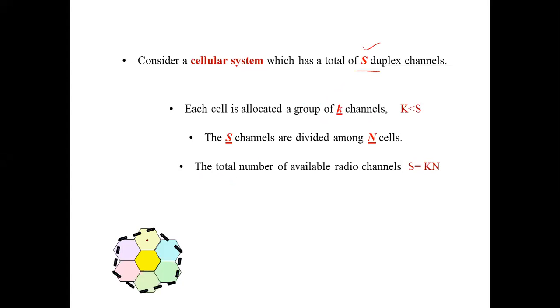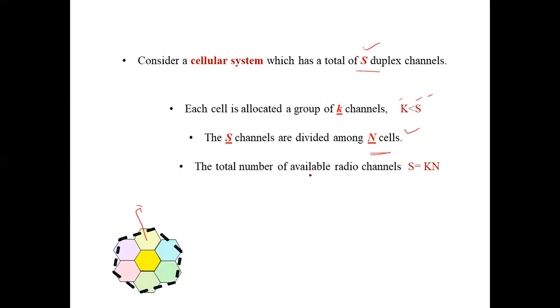Always K must be less than the total number of channels given to a particular operator. Then the S channels are divided among N cells.